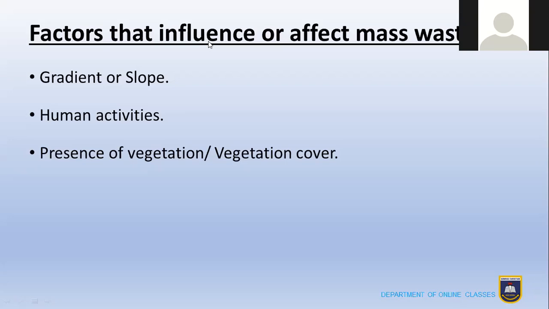In areas where there is no vegetation cover, the weathered materials tend to move at a faster rate just because there are no protective elements to prevent them from being moved downslope. So that is basically for the vegetation cover.